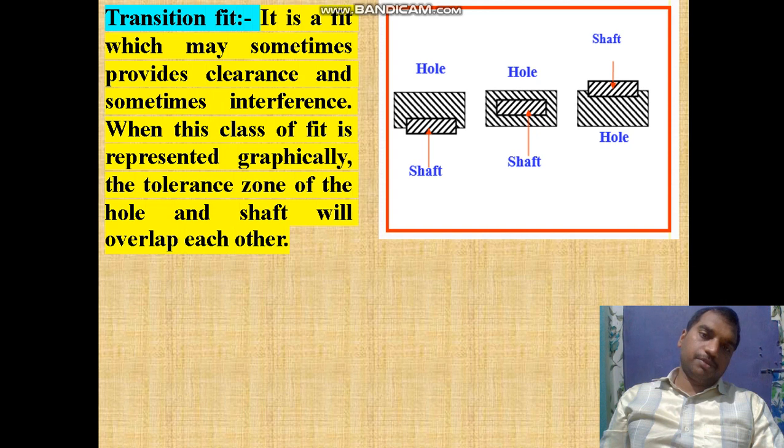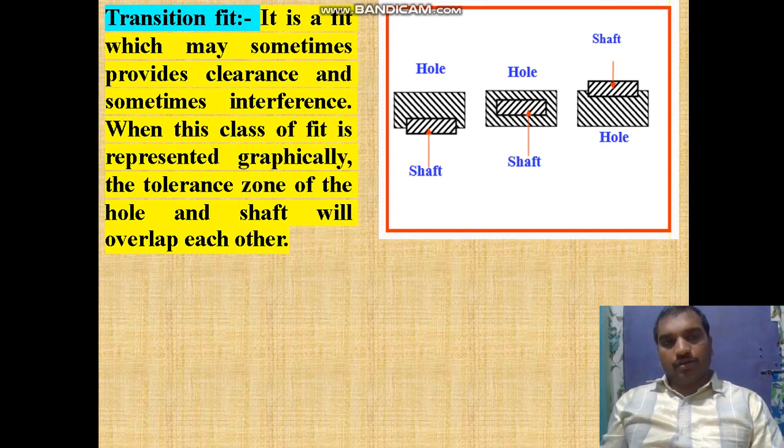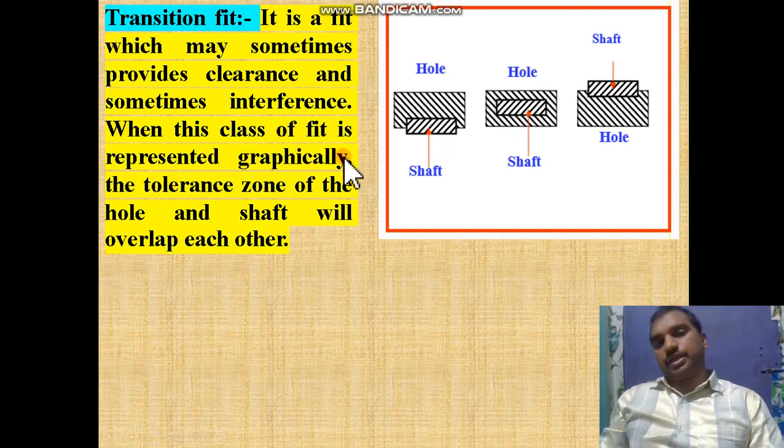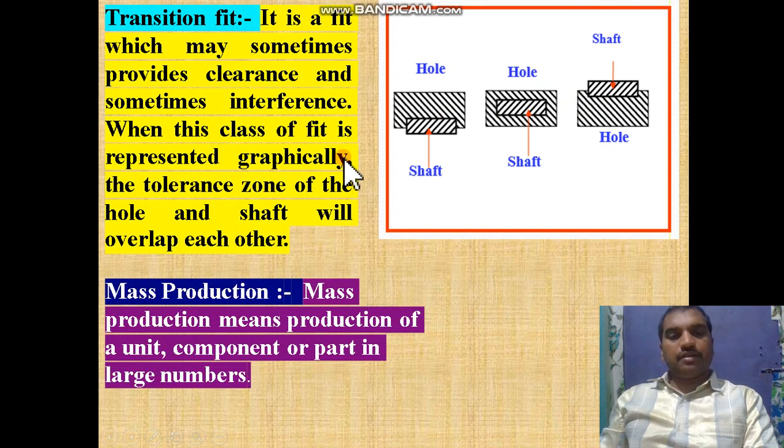That means the hole size is small compared to the shaft size, or the hole size is big compared to the shaft size. Then we get clearance and interference. When this class of fit is represented graphically, the tolerance zones of the hole and shaft overlap each other. So this type of fit we call a transition fit.